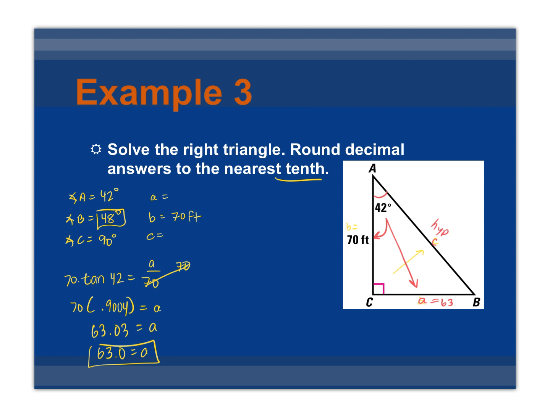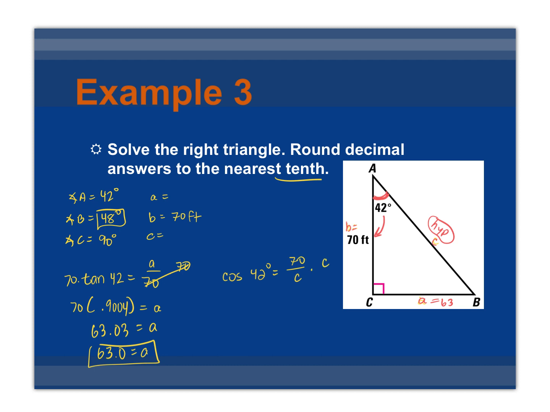However, I'm going to keep from doing that. What I'm going to do is use the other values that were given to me. I'm going to try to find the hypotenuse by using 42 degrees and 70. I know this is adjacent and this is hypotenuse. So I'm going to use cosine. Cosine of 42 degrees equals the adjacent side over the hypotenuse.